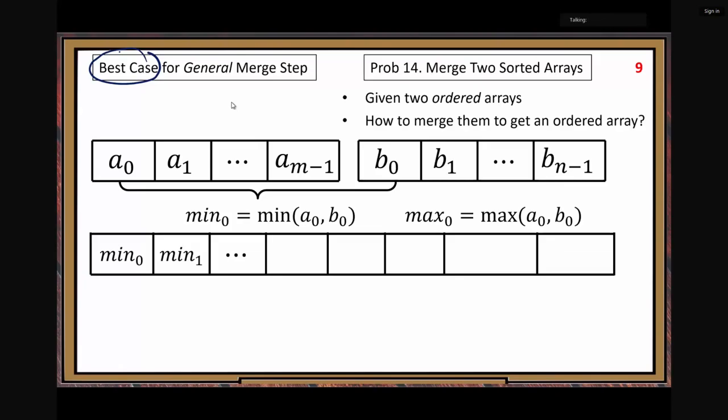The goal is the minimum number of comparisons. That means we should stop at some point earlier, before we reach the second to last position. The earlier the better, right? At some point, the remaining elements should fall into those locations automatically, without comparisons.